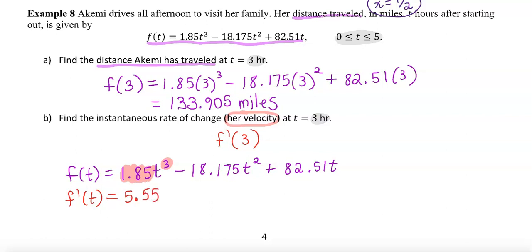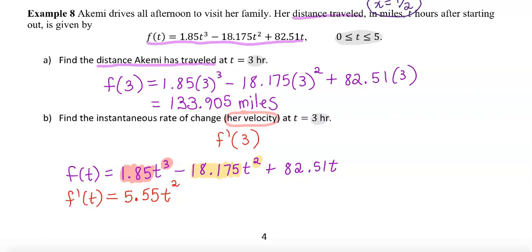5.55, and what should be the new exponent? 2. It went down by 1. Let's look at the second one. Multiply the number. Well, that's a negative number, so I'm going to multiply a negative number, 18.175 by 2.